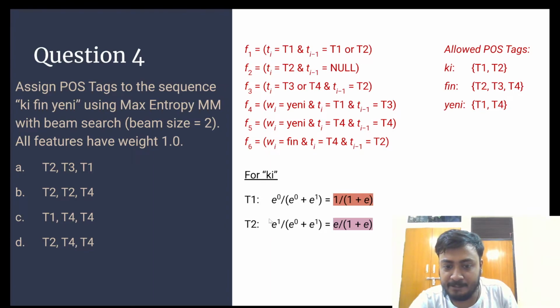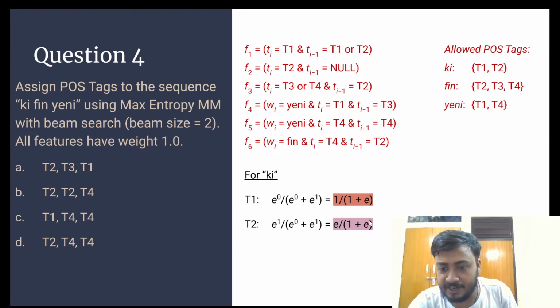So obviously, because we are calculating the numerators for all possible tags, the denominator is just for normalization. You have seen that also, they are mentioning that the denominator is a normalizing constant. So that is why we get these two values. This is the very first step, and we get the values as 1 by 1 plus e and e by 1 plus e. Fine.